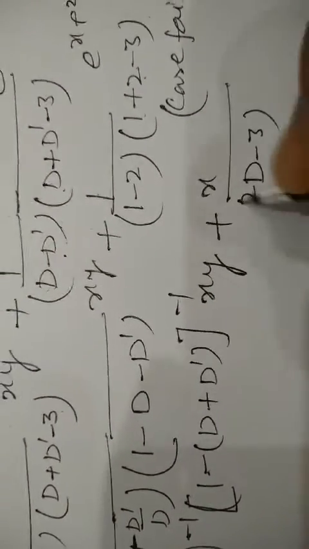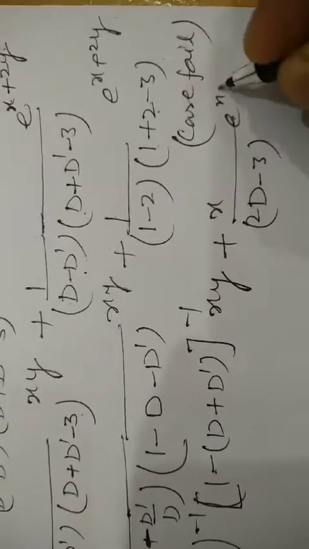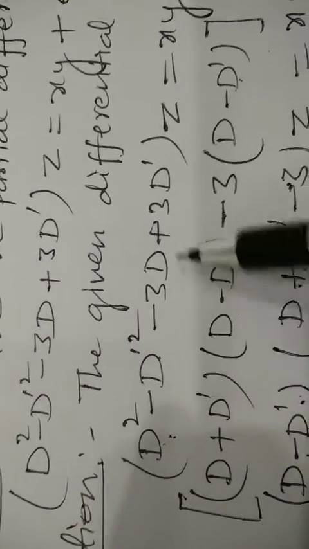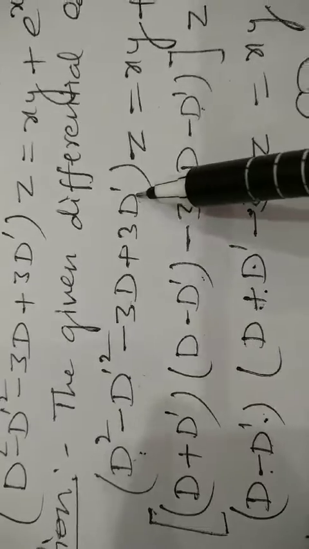I think it becomes 2D minus 3 e to the power x plus 2y. Okay, just see here, after differentiating this becomes 2D, and this becomes 0, this becomes minus 3, this becomes 0. So now here x plus 2y.